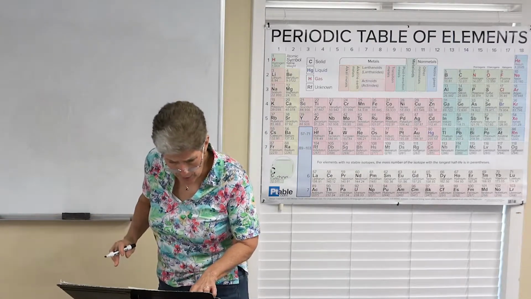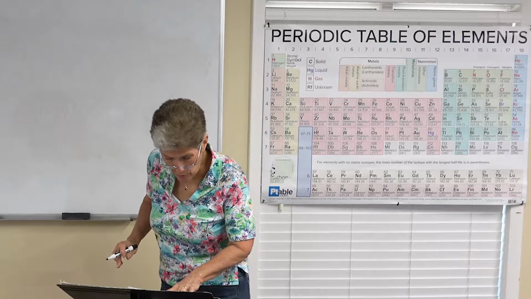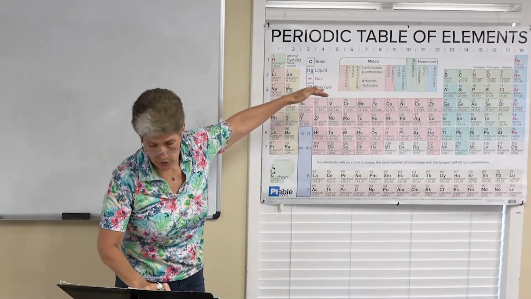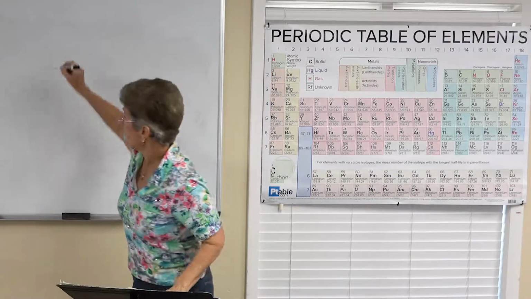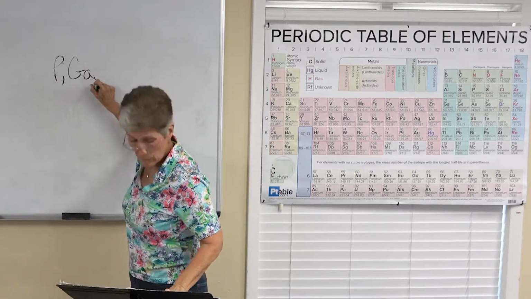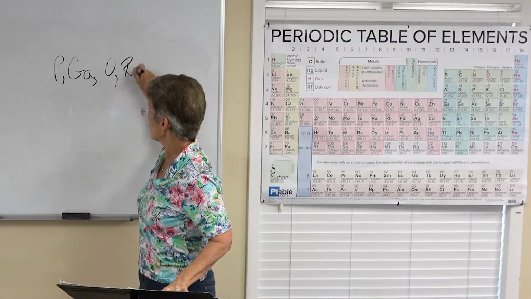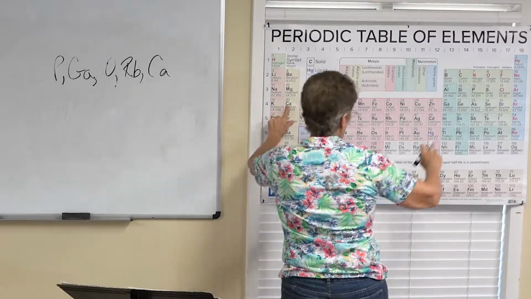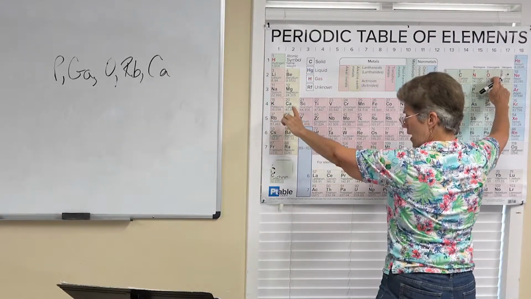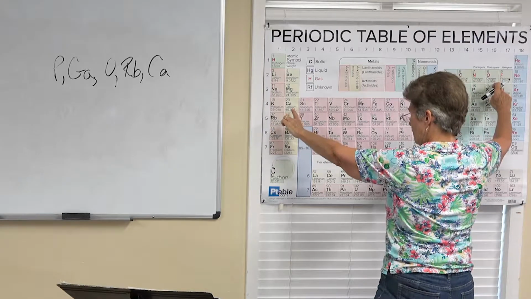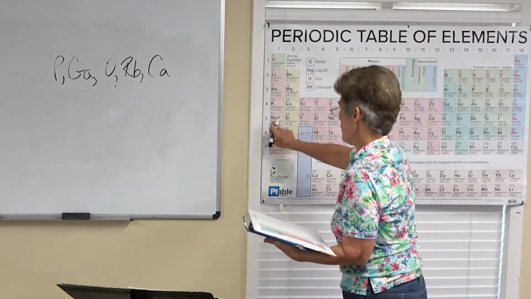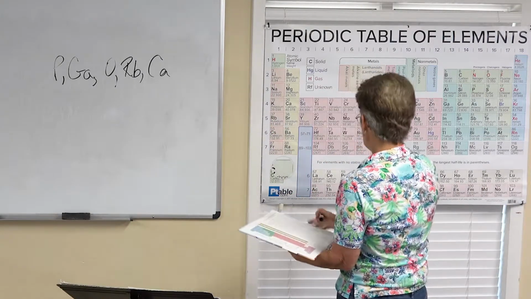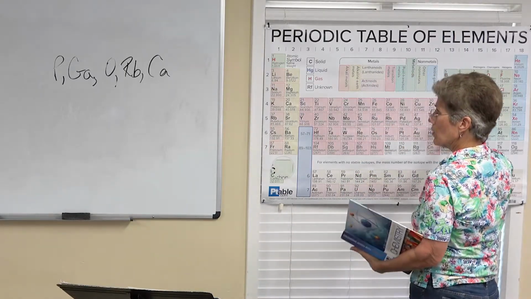And then number 7, order the following in terms of increasing electronegativity. Electronegativity increases this way and this way across the chart. And with that in mind, once again, we have calcium in here, we have oxygen in here, we have rubidium. Got to find rubidium. There it is. Gallium 31. Here it is.